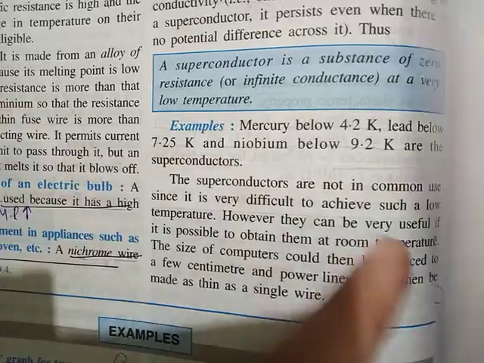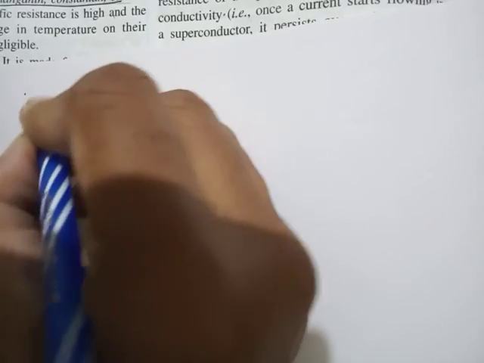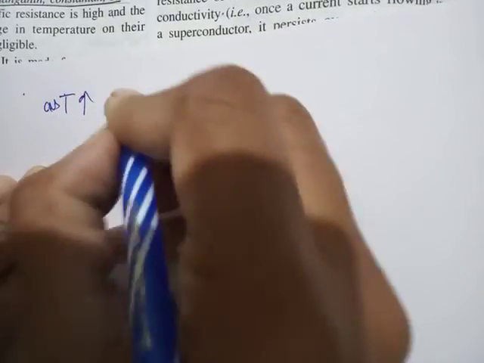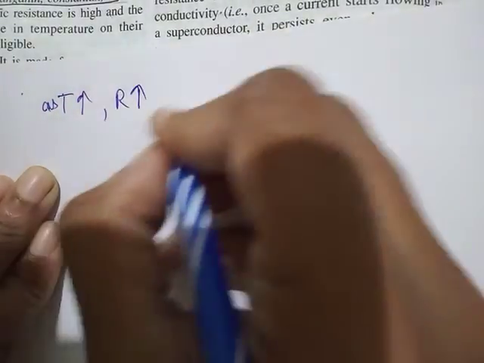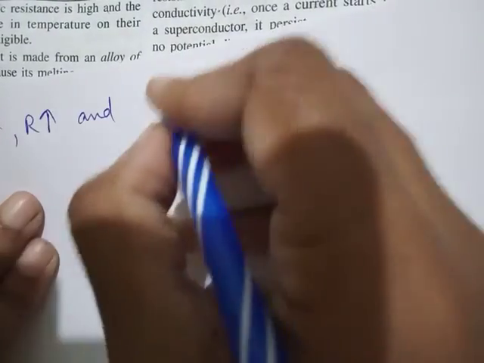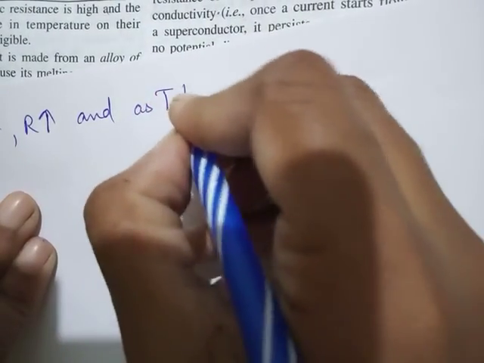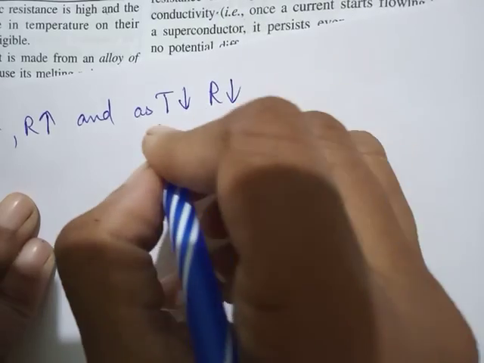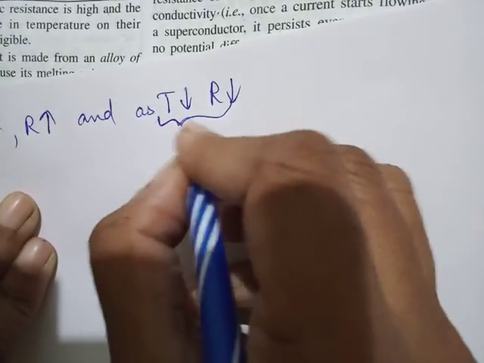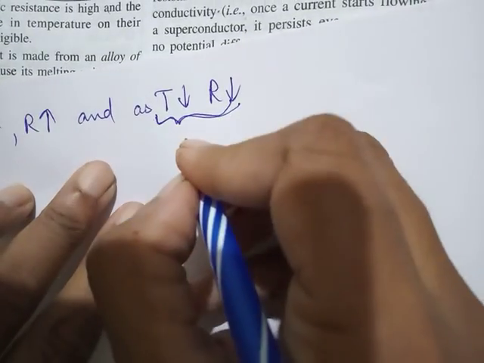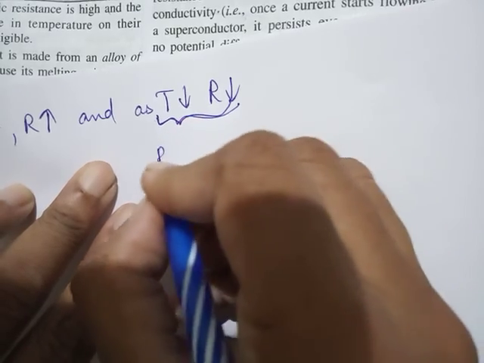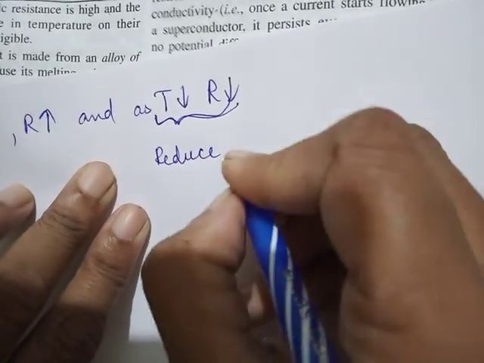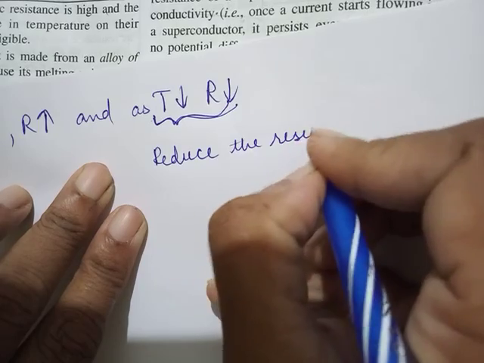Okay, now we go ahead of this concept we just now saw. As temperature increases, resistance increases, and as temperature decreases, resistance decreases. Now we can use this concept to reduce the resistance of any wire.